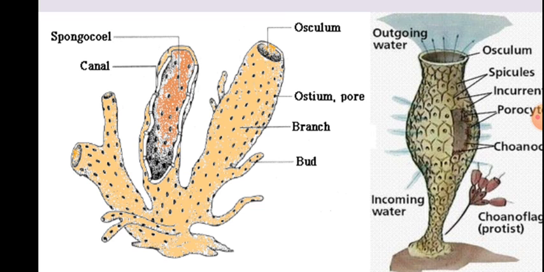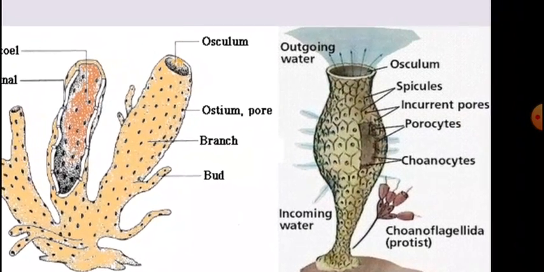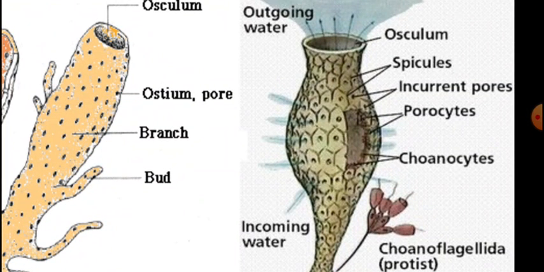Next one: choanocytes line the spongocoel and canal. I said there is a body cavity called spongocoel. That spongocoel is lined by choanocytes. See, in the second diagram you can find the choanocytes. Choanocytes means collar cells having flagella.